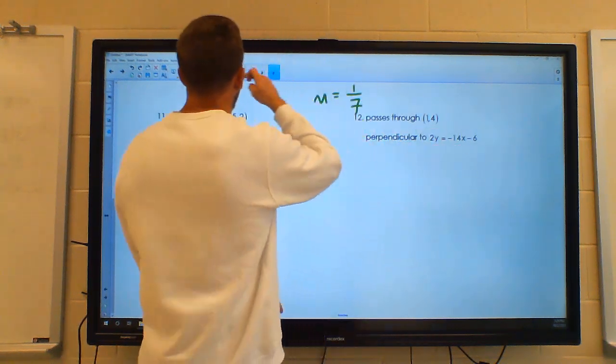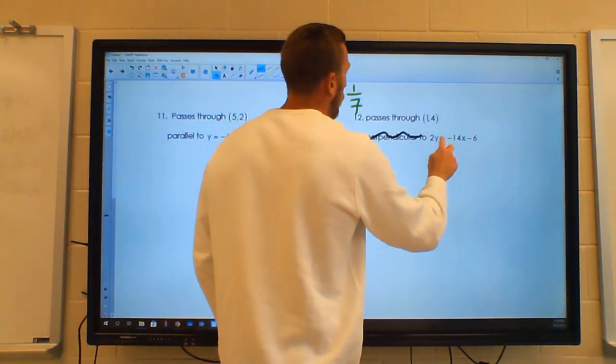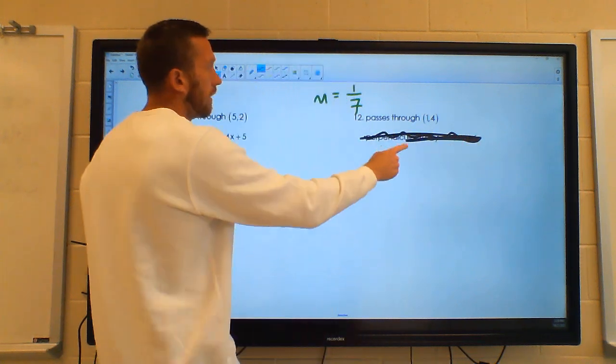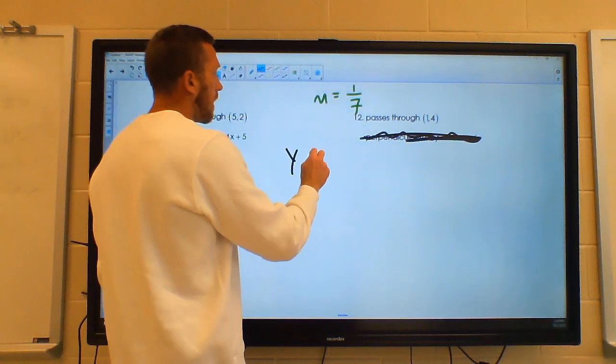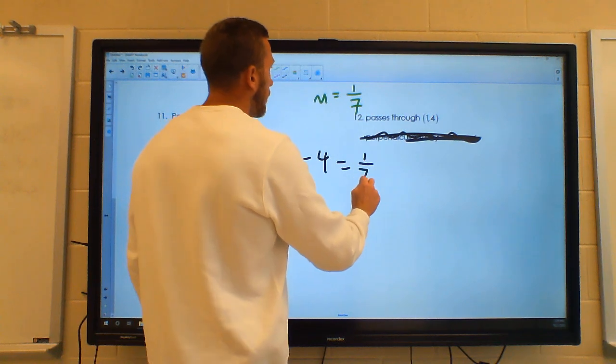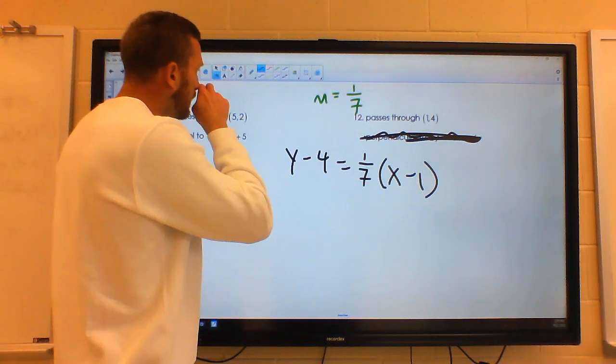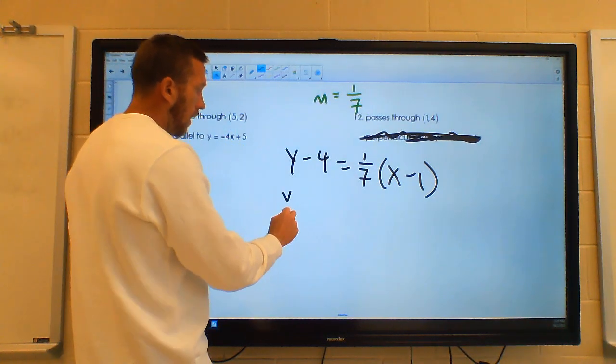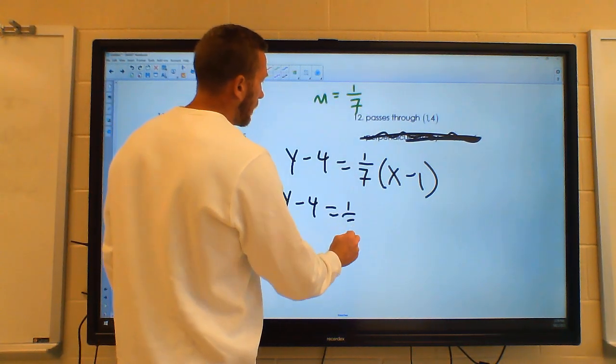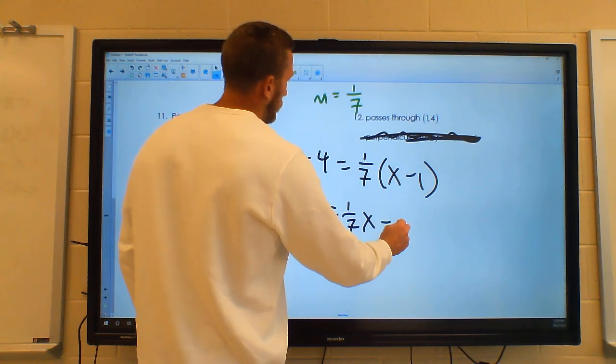Now that we know our slope, we don't need this line anymore. That was the only thing we needed from that line. Now we can write our equation. Y minus 4 equals 1/7 times x minus 1. Okay? Multiply this out. Y minus 4 equals 1/7 x minus 1/7.